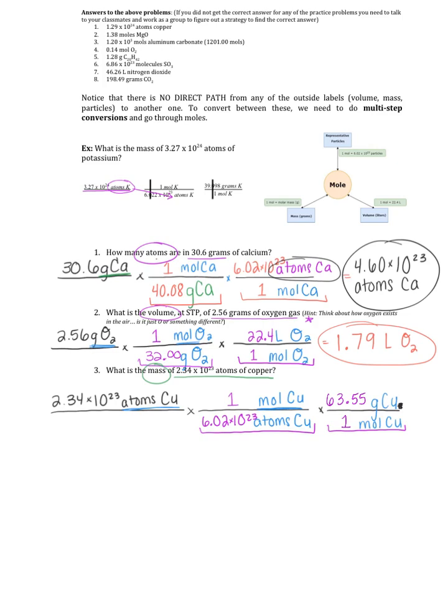We are going to multiply everything on the top, divide by everything on the bottom, and we're going to get a final answer of 24.70 grams of copper.